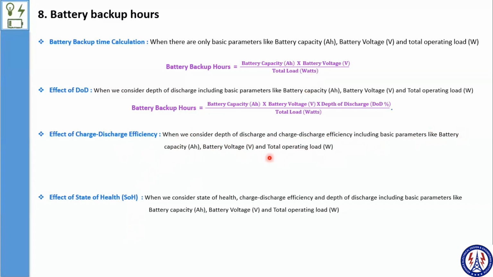You have a charge discharge efficiency in place, and you want to find the effective battery backup hours. What will you do? It's also a percentage, so multiply by the DOD, multiply by the efficiency.